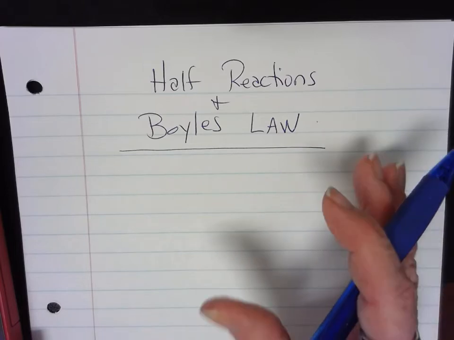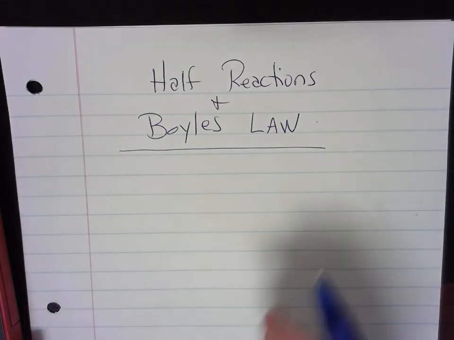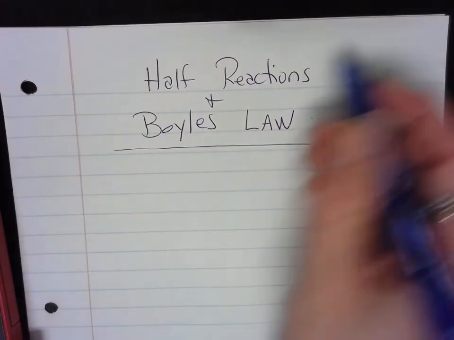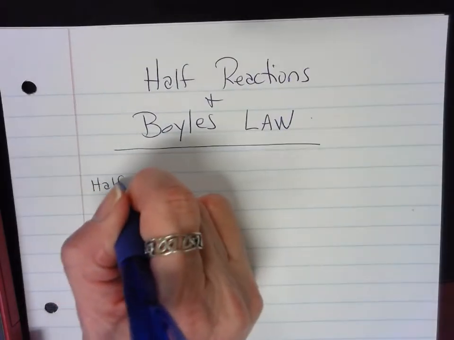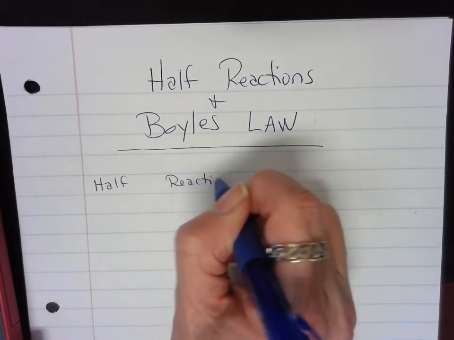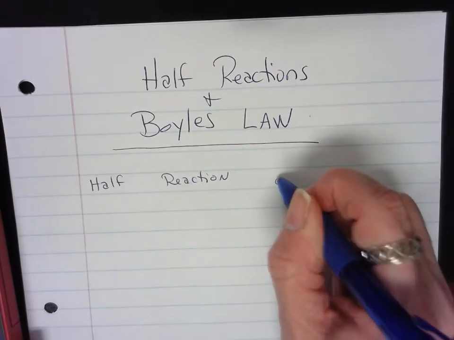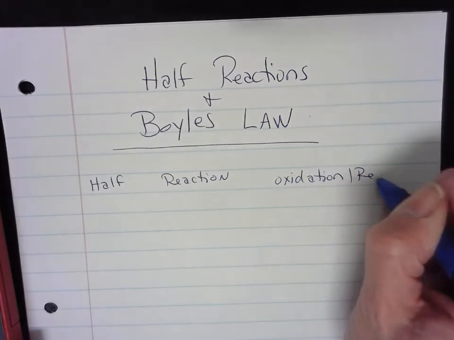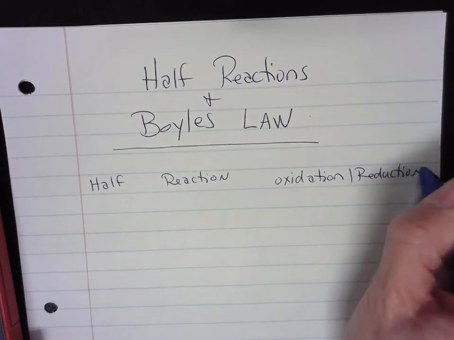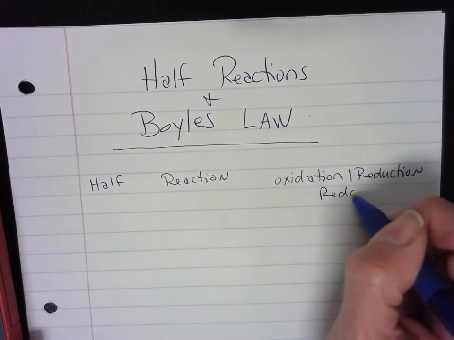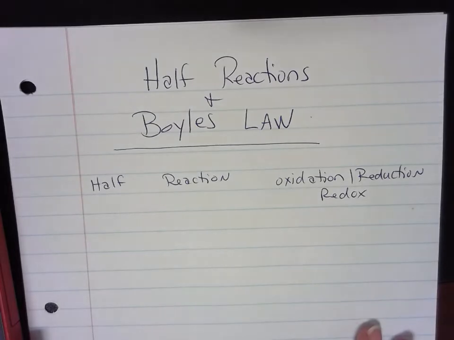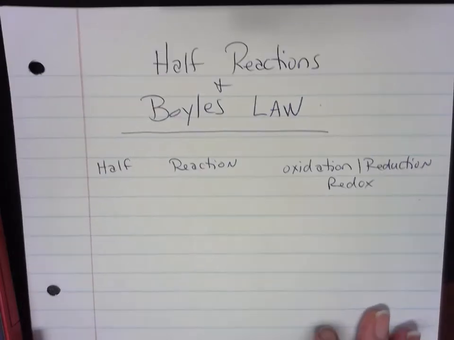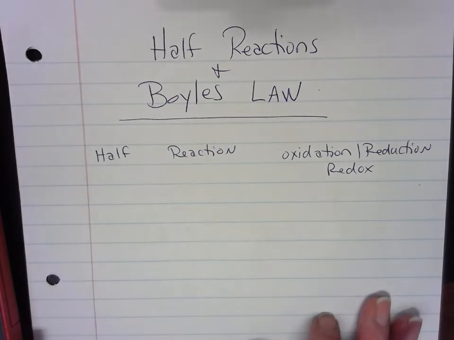And so when we are dealing with half reactions, that means that we're dealing with an oxidation reduction reaction, better known as a redox reaction. Now, we have not done these in this class simply because there has just not been enough time. But I think that I can show you one thing that will really help you for this test.